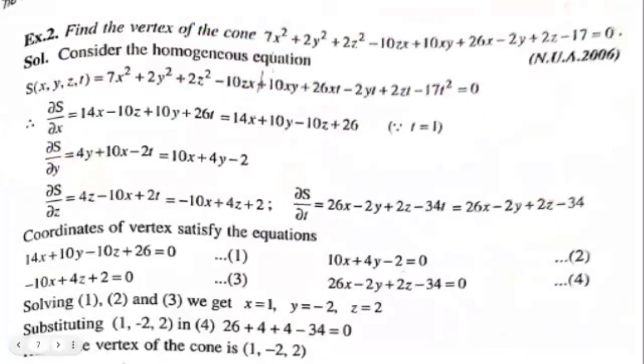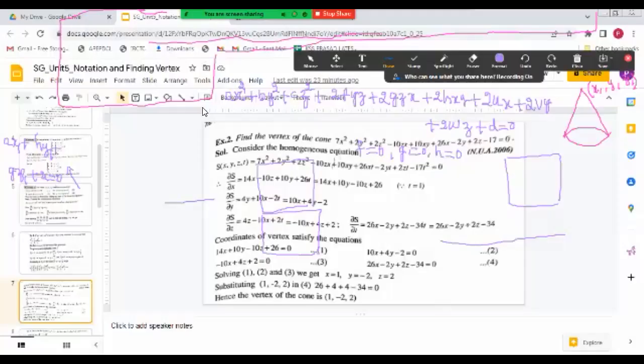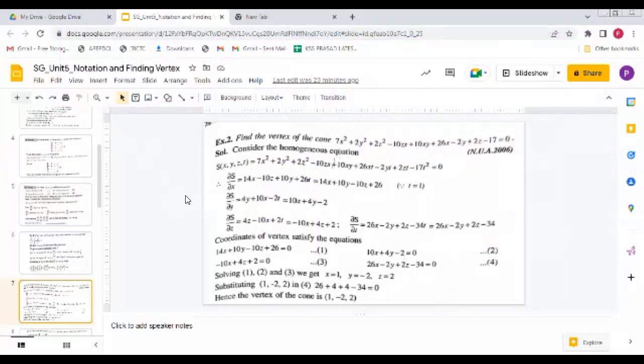Next, we will go to the next one. Now find the equation of the cone 7x square plus 2y square plus 2z square minus 10zx plus 10xy plus 26x minus 2y plus 2z minus 17 is equal to 0. Sorry, second one.